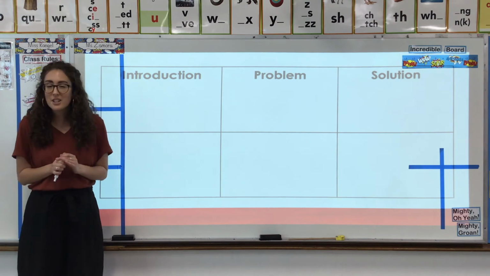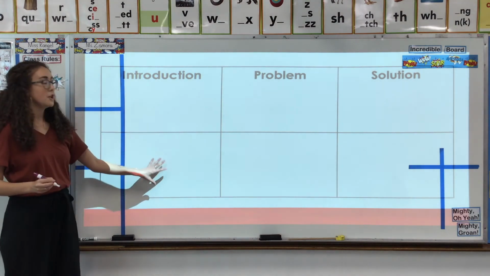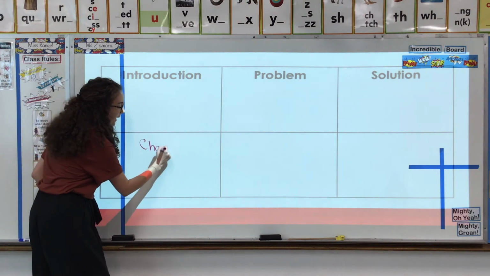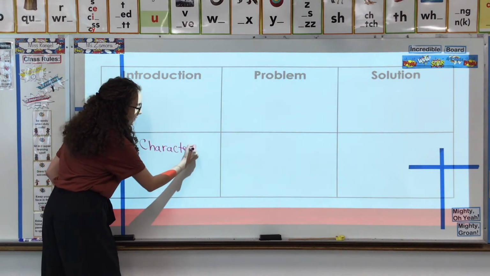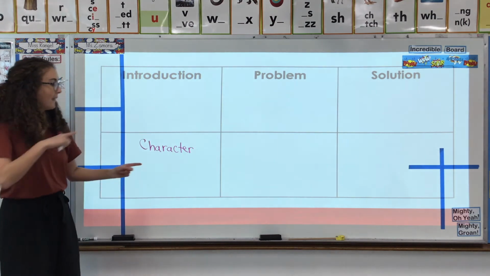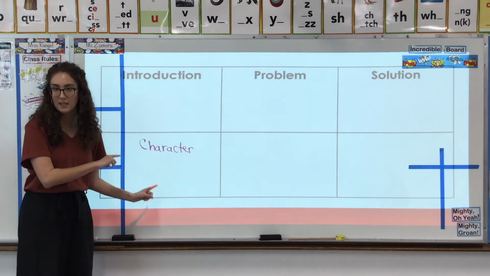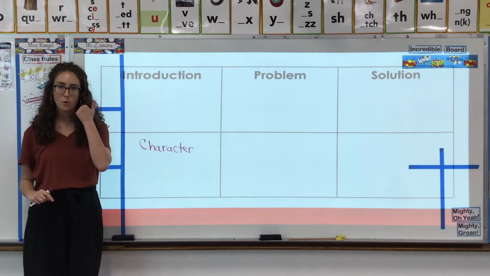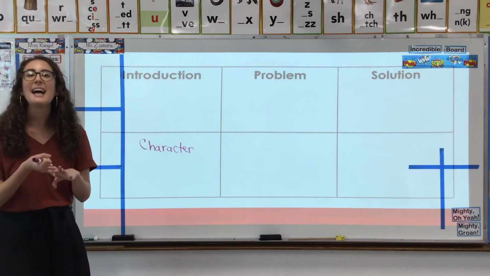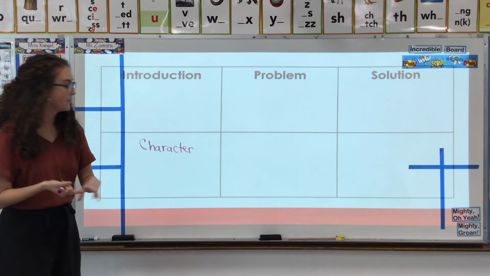So like I just showed as an example, your introduction is when you are going to talk about your character. You're going to describe the key descriptions that you think are the most important and want to include in your story. For example, I said Mr. Mo was friendly and he loved to cook for his family.